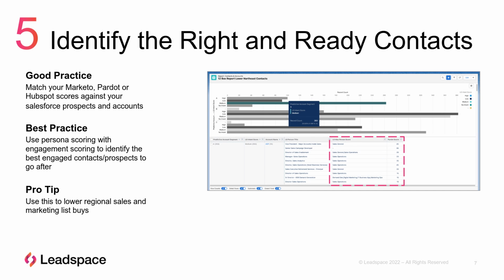What we see this helps a lot of people do is lower their regional sales and marketing data purchases because they've got so much more information. They're not just spraying and praying, as we say in the industry. They can be much more focused, knowing, for example, where they have plenty of contacts versus where they don't. Anything you'd add here, Marge?